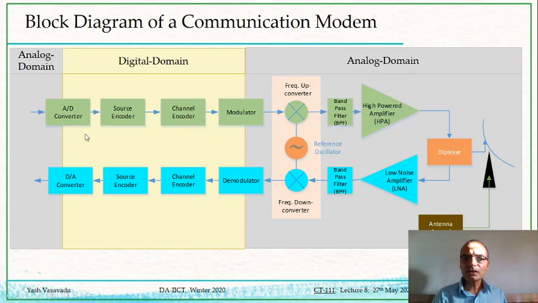So A to D and D to A mathematically can be inverses of each other. So we have understood the mathematical model of A to D and D to A blocks.